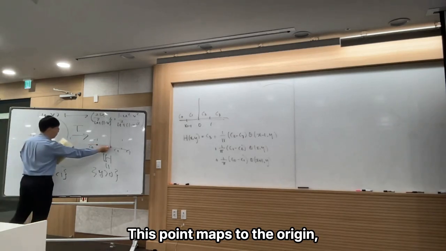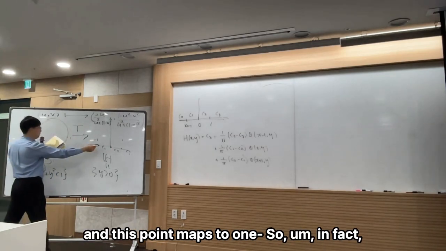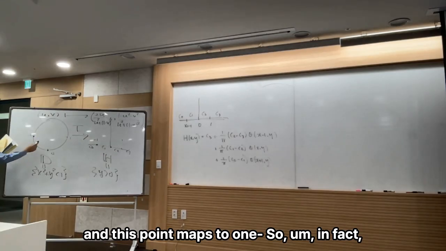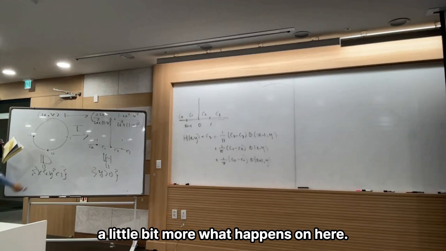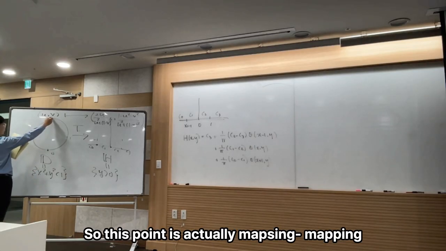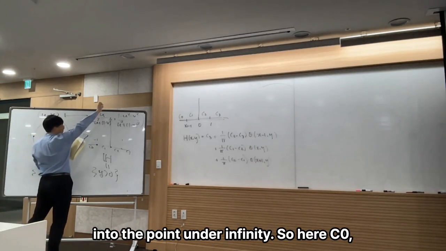This point maps to the origin, and this point maps to 1. So I have to explain a little bit more what happens here. This point is actually mapping into the point at infinity.